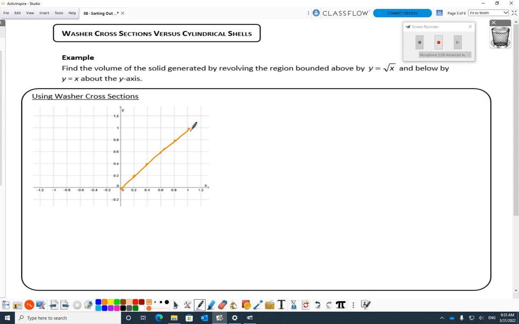But I want you to get your calculator for a second, and let's say we didn't know anything about square root of x. I don't even know what this thing looks like at all, and I'm going to do it in pink. We'll do the square root of each one so that you find out what square root does here, because it says y equals root x is above. But that's hard to picture if you never really broke down what happens to root x between 0 and 1. So I'm going to do square root of 0.2. And I get 0.44. Look how fast the square root function jumps up.